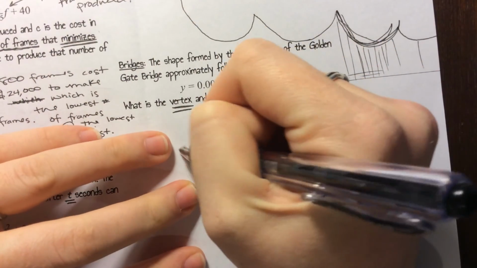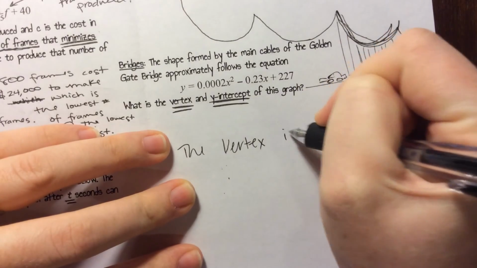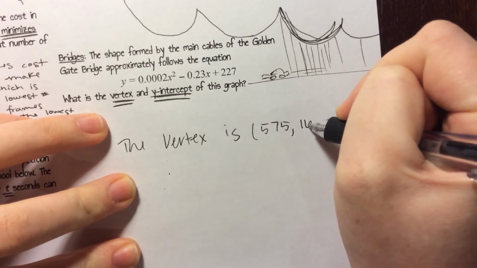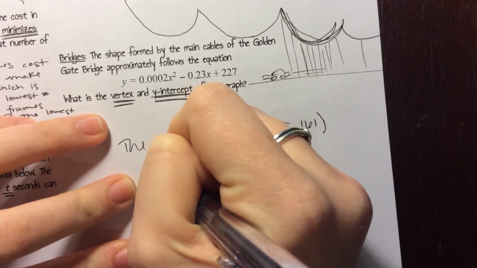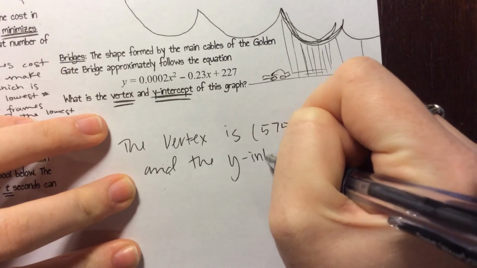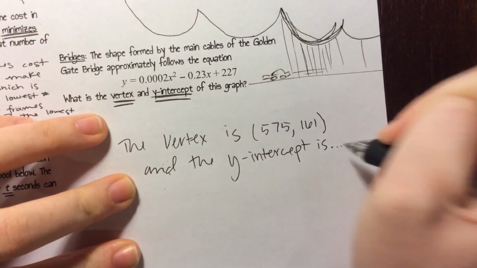So our vertex is 575, 161. And then we'll write, and the y-intercept is, and we'll fill that in a second.